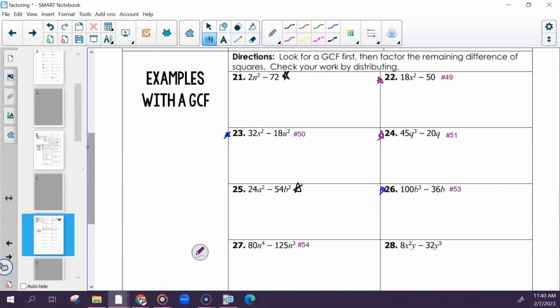It depends. So with this first one, does it have a GCF? And if so, what is it? Do they have something in common?